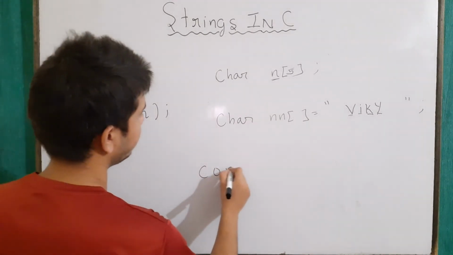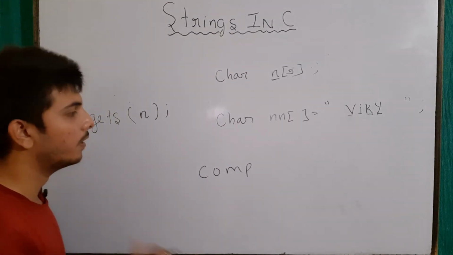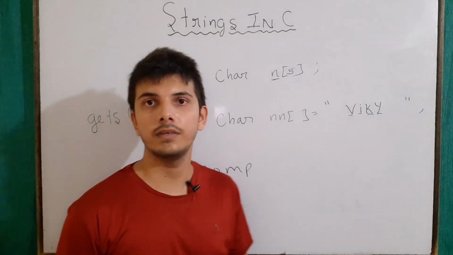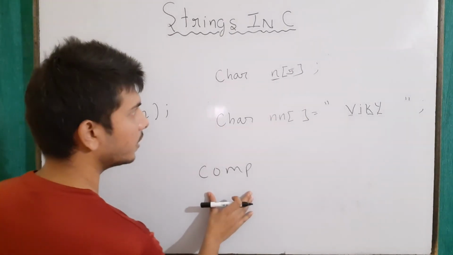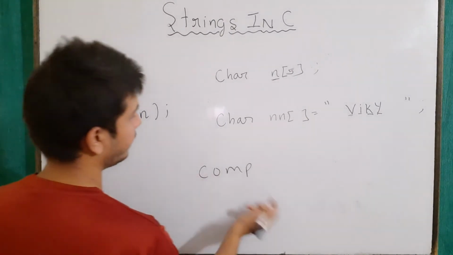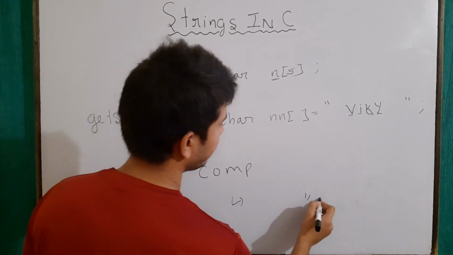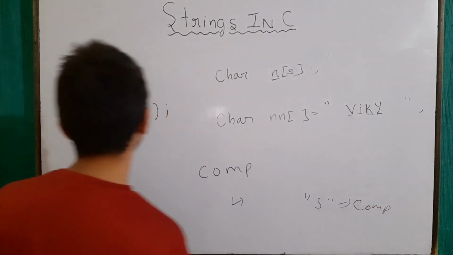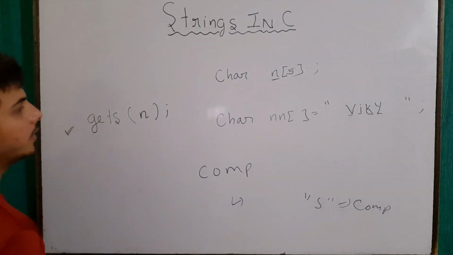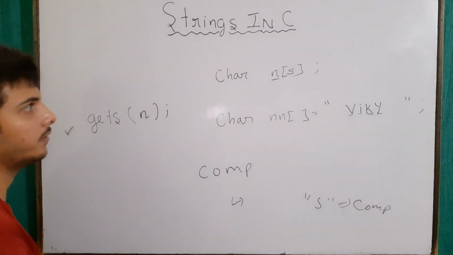Let's say I simply write comp. I don't have to write one by one, the loop will not run here, and it will keep on incrementing the index and our input will be stored. Then if I print using printf of %s, it will simply give me output as comp. So we generally prefer using the gets method instead of scanf when it comes to taking input of a character array.